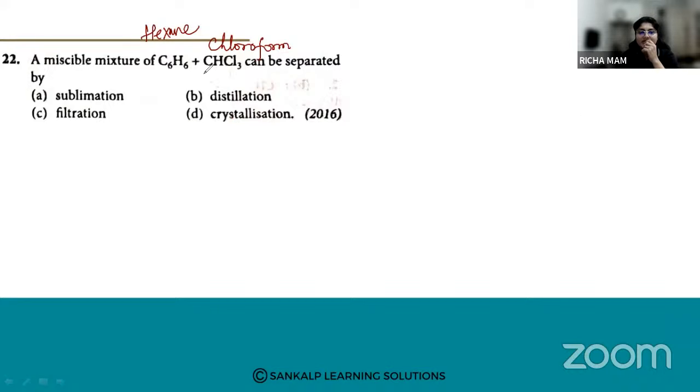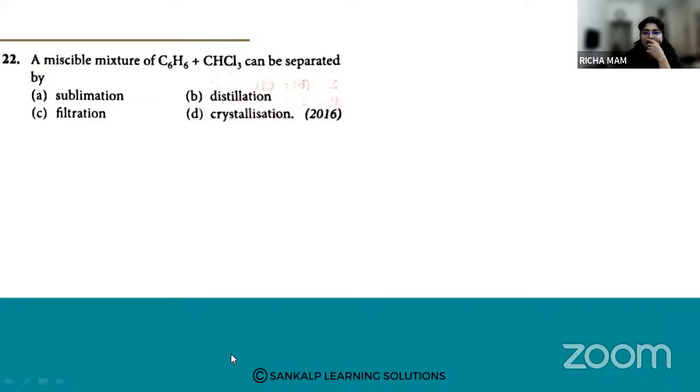When you have a miscible mixture, they are a soluble mixture, but they will have different boiling points. So at different boiling points, these two different solutions can be separated by distillation. Distillation is a method where liquids are separated based on the differences in their boiling point.